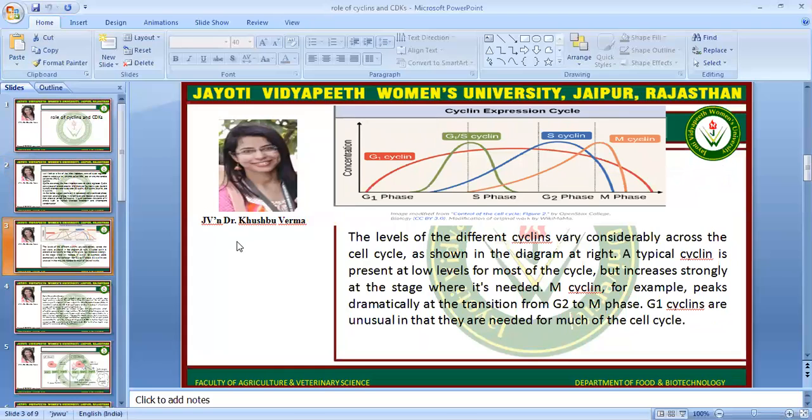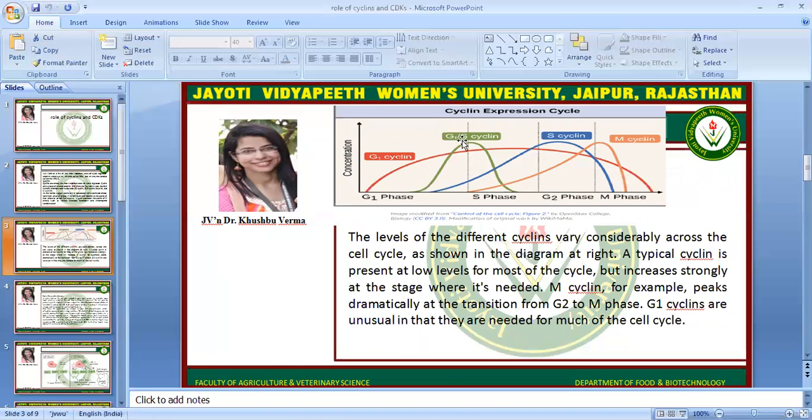Here we can see this graph where G1 cyclin concentration gets high at a particular time period, then rapidly declines when M phase is completing.